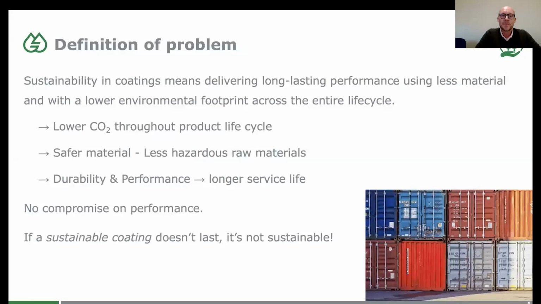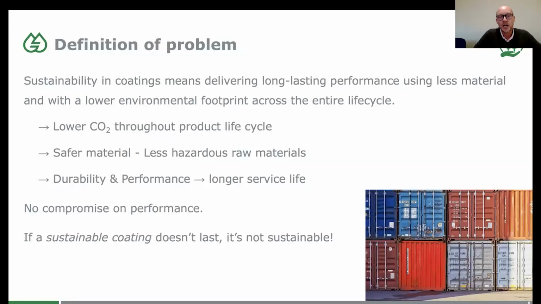So what's the definition of the problem that we want to address today? For us, sustainability isn't just about selling a water-based product or a bio-based product. Really, a sustainable coating should deliver a long-lasting performance using less material and with a lower environmental footprint throughout the entire life cycle of that product.